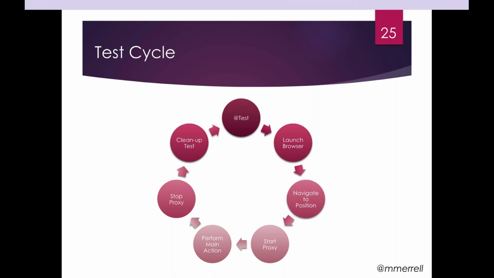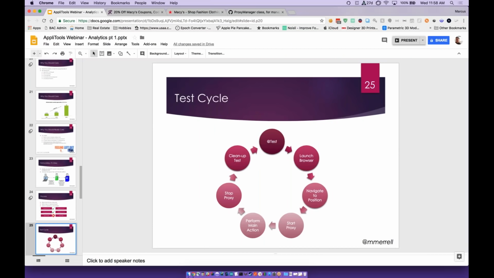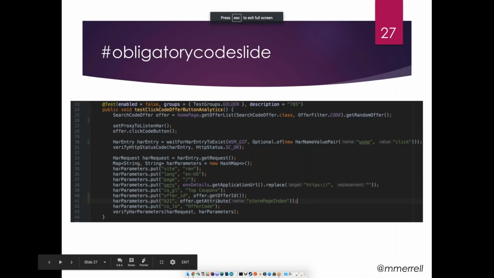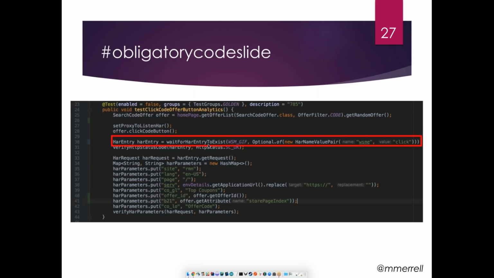If you see the code snippet, actually, I didn't even need the escape out of there. It's in here. We actually have a method that I think is in that gist called wait for har entry to exist. So when you click the code, you tell your proxy, I don't want you to stop recording until you see this event that threw off this key pair.